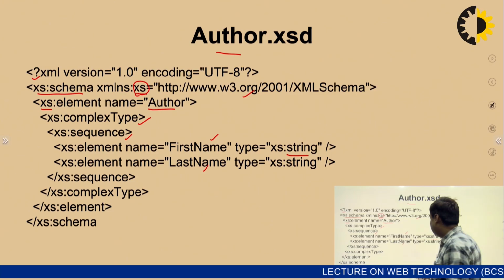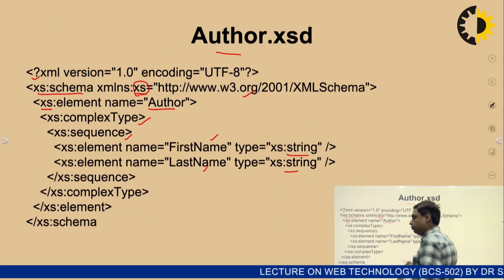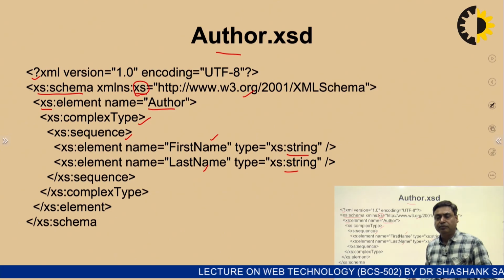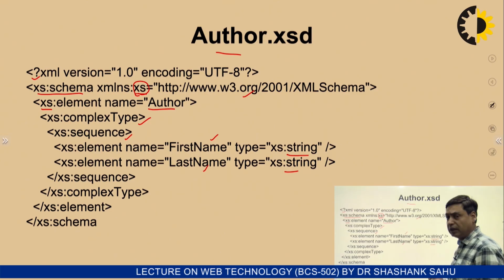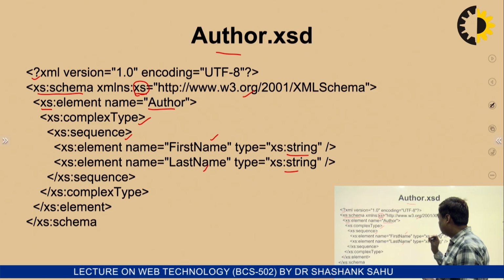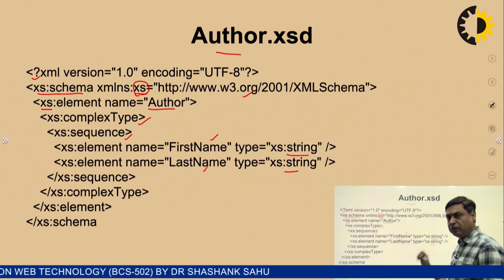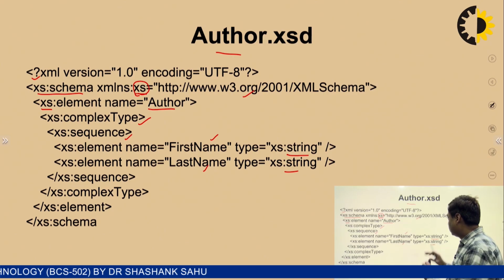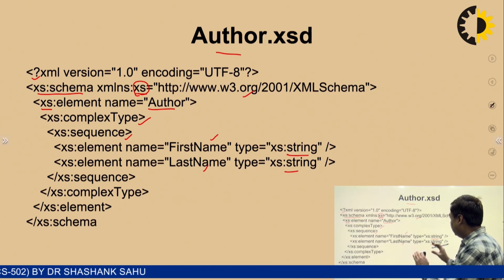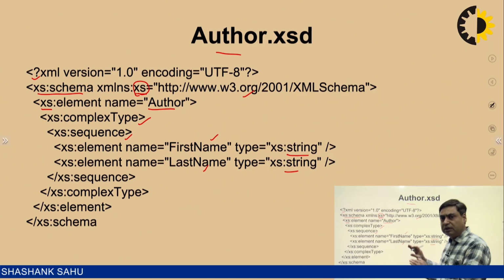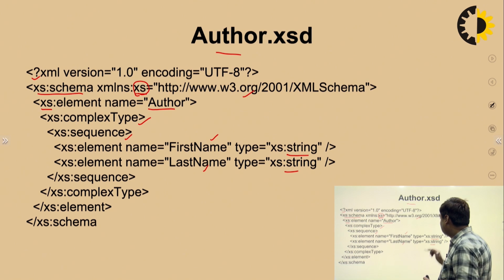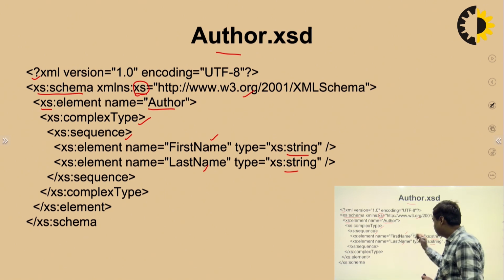Then again the element lastName, the type is defined as a string. So this is the XSD file, a very simple XSD file. We have the root element author and only two elements defined, firstName and lastName. So this XSD file has one complex element, author, and two simple elements, firstName and lastName.